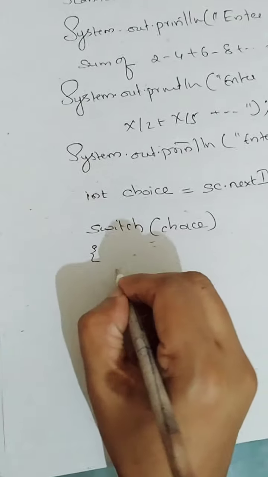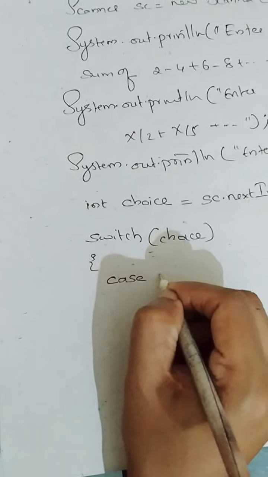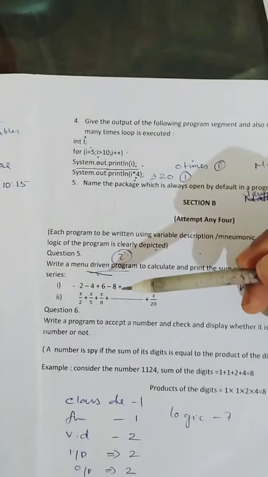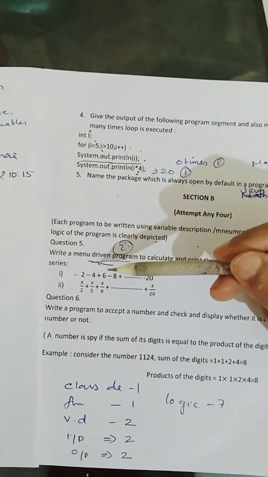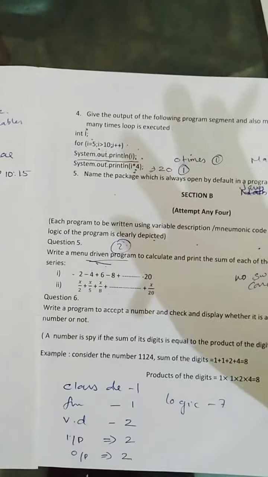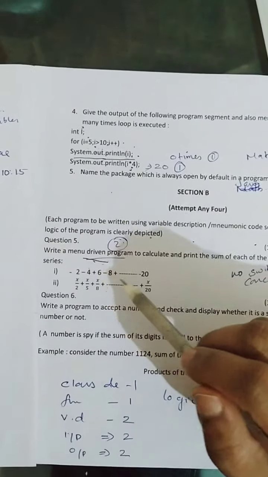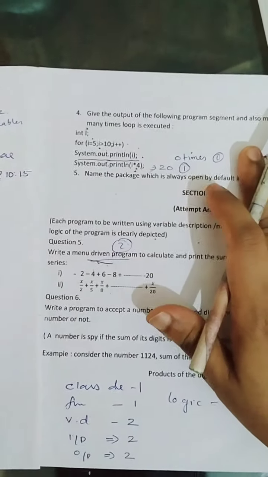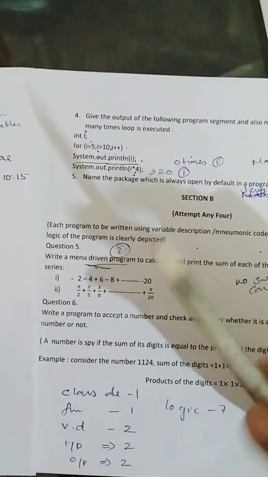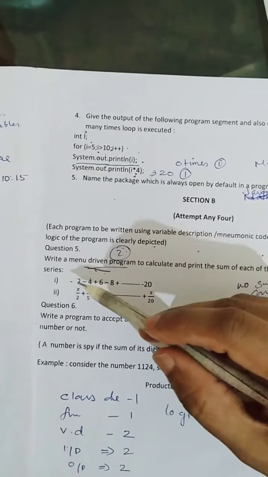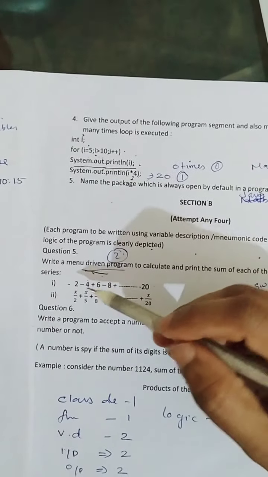Now switch works under case. So case 1 means what you have to do? You have to do 2 minus 4 plus 6 minus 8. Listen, how many terms are there? Till 20 it has to work, so you don't need to ask the number of terms. See, can you see any differences in these terms?